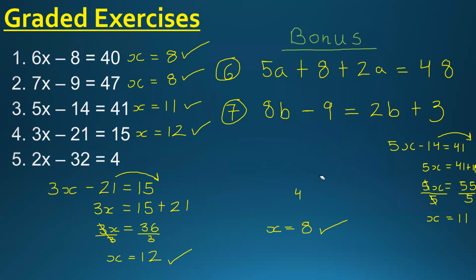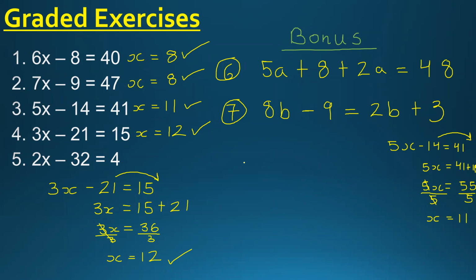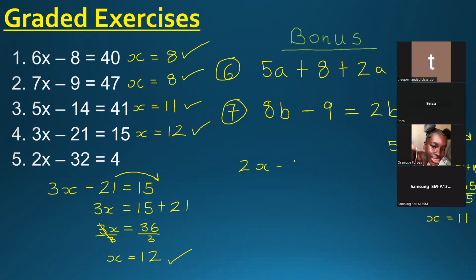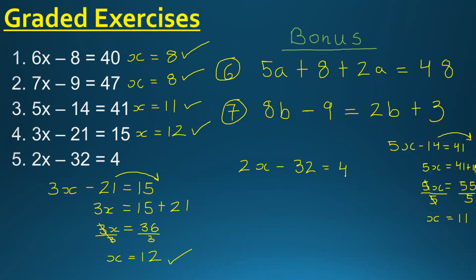Okay. We bring over the negative 32, which makes positive. 32 plus 4 is 36. That's correct. We bring down the 36. The 2x in the front. We divide now.